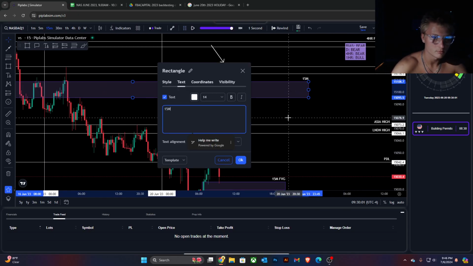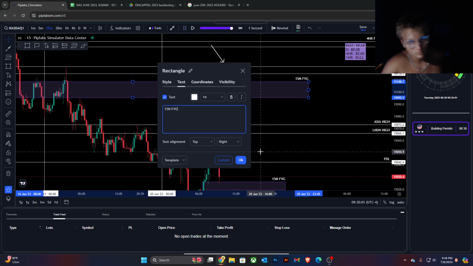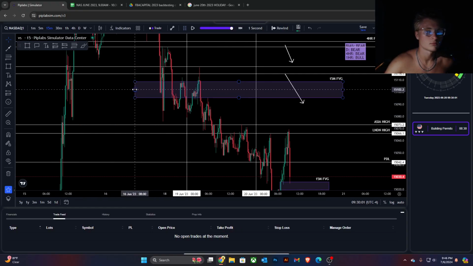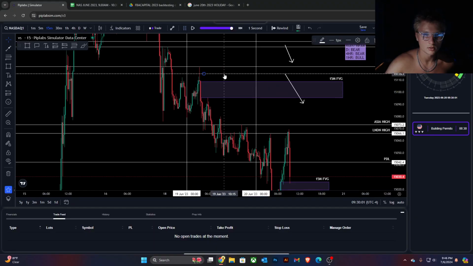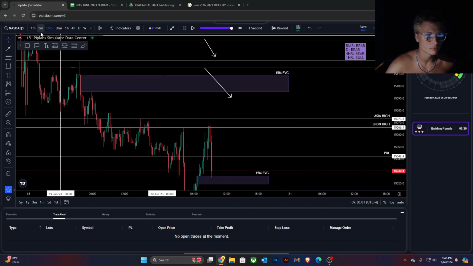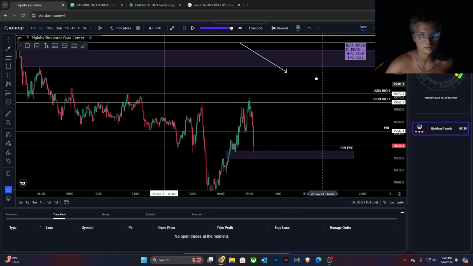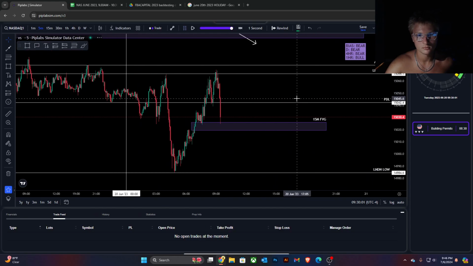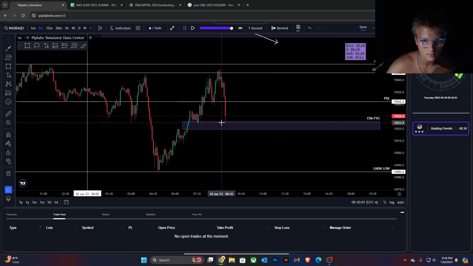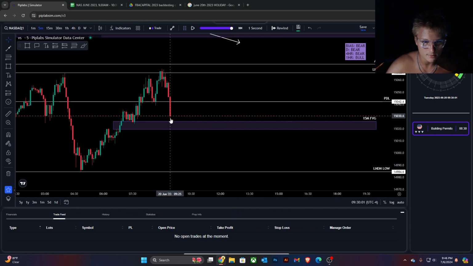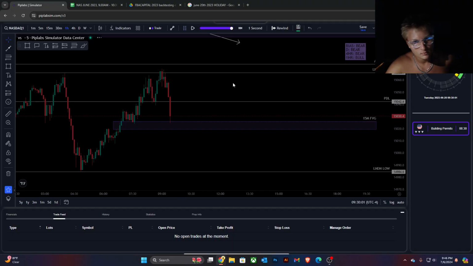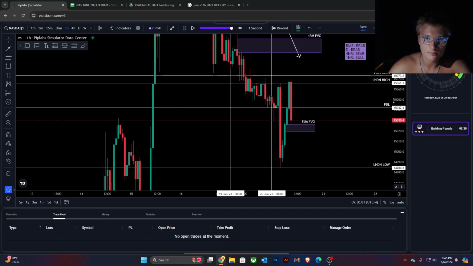I will be marking up. Boom. On the 5-minute, looks like we took out these highs. Displacement to the downside.